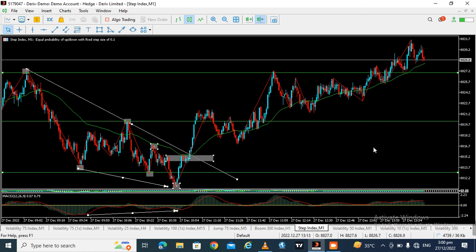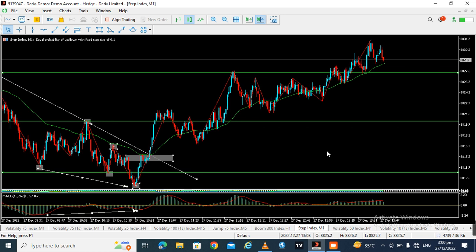Currently, we have another setup being formed at the moment. Using your price action, we have higher highs being formed, and lower highs again being formed.